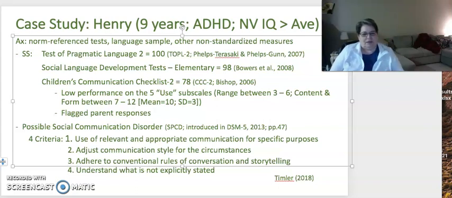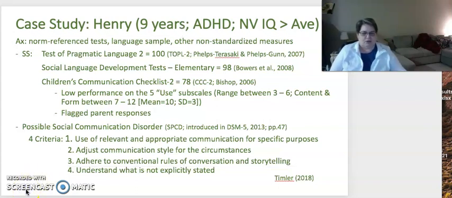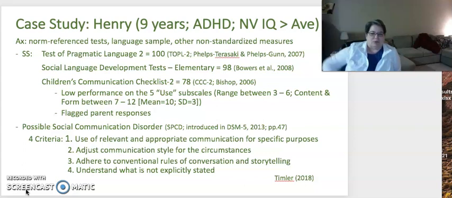That being difficulty with using relevant and appropriate communication for specific purposes, difficulty adjusting communication style for the circumstances or the person that they're speaking with, difficulty adhering to conventional rules of conversation and storytelling, and difficulty understanding what is not explicitly stated, or figurative language or inferential language.